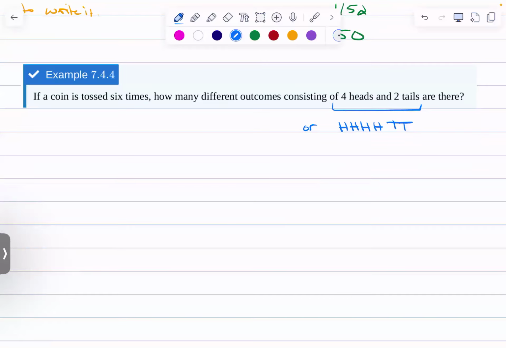Or pretend heads, heads, heads, heads, tails, tails is a word, and repeat what we did earlier.